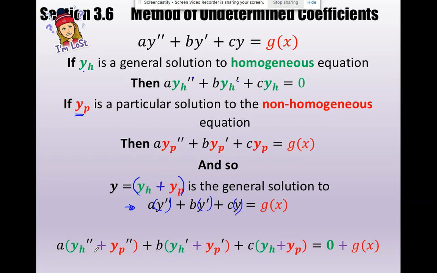So I have a times y double prime, the sum of the, right? The derivative of a sum is the sum of the derivatives. Same for the second derivatives. Here's the first derivatives. Here's the original. And that should equal, a little bit of clue of where I'm going here, 0 plus g of x.